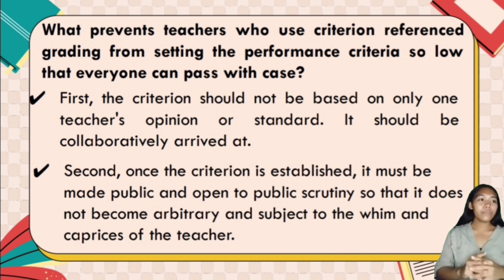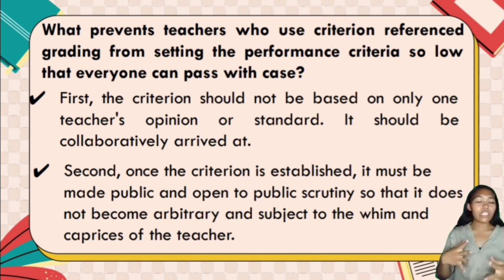And second, once the criterion is established, it must be made public and open to public scrutiny so that it does not become arbitrary and subject to the whims and caprices of the teacher.